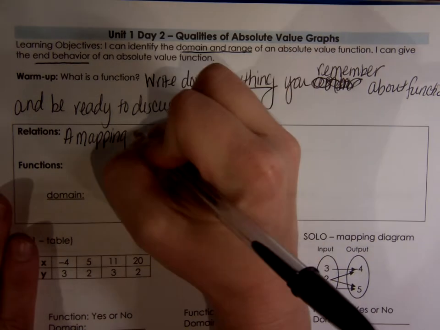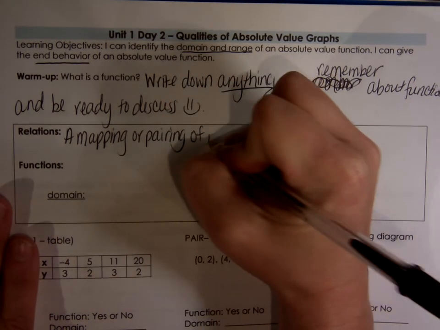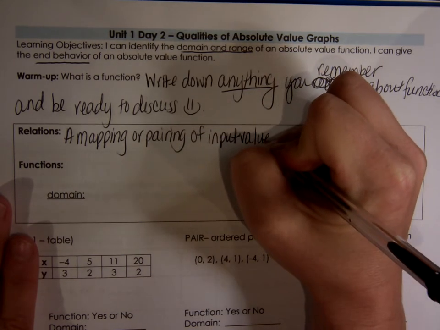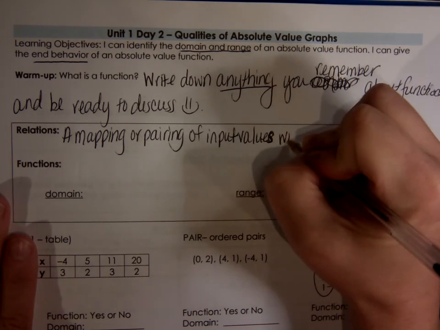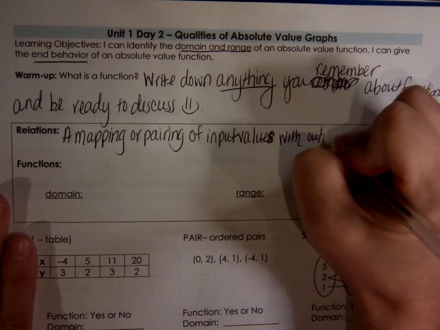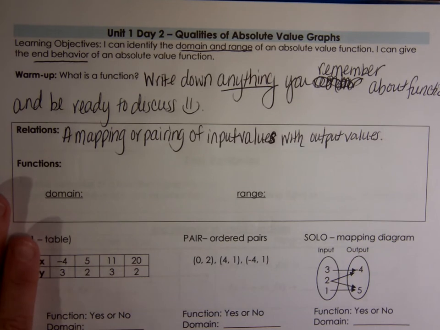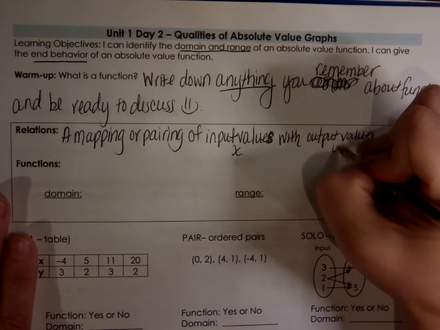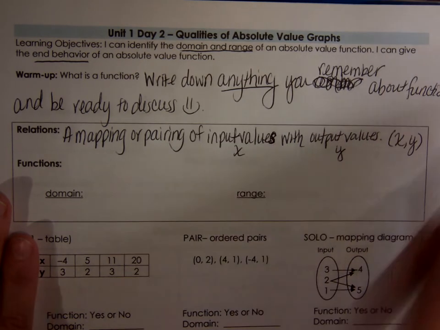It is a mapping or pairing of input values with output values. Typically those input values are like our X values and our output values are our Y values, and we typically express relations as ordered pairs.